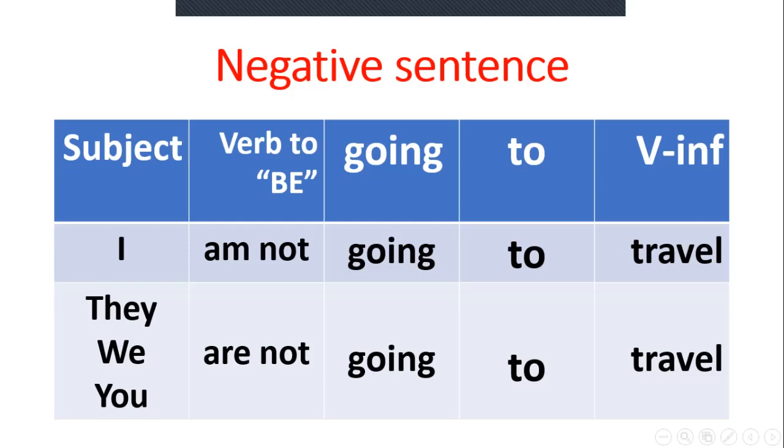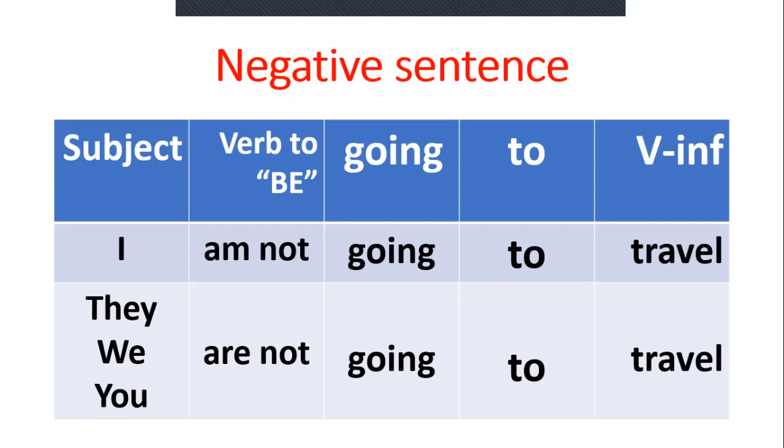I can say I am not going to travel. They are not going to travel, or they aren't. We are not going to travel, or we aren't. You are not going to travel, or you aren't going to travel.